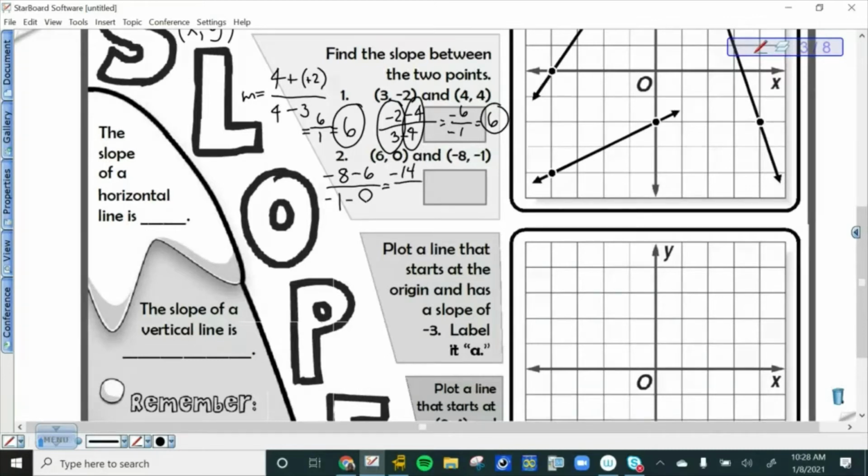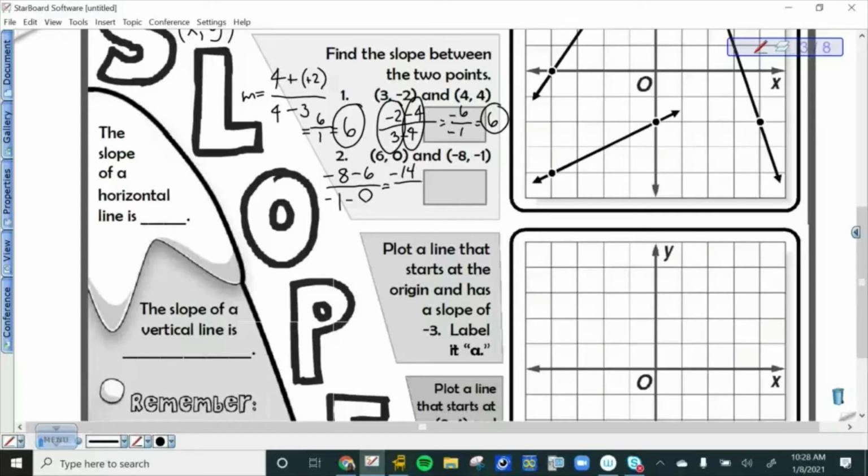So you did it the other way. You did 6 minus -8. And in that case, they do. Okay. So I'm doing it good my way? Yeah. The other way? Yeah, you were doing it fine, I think. Okay, and then what's negative 1 minus 0? Negative 1.